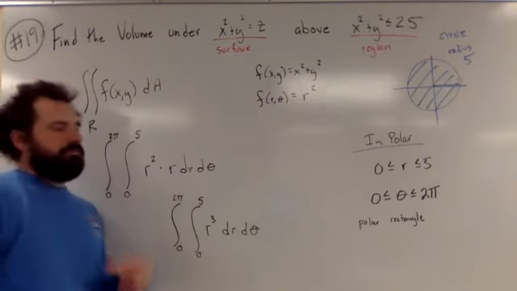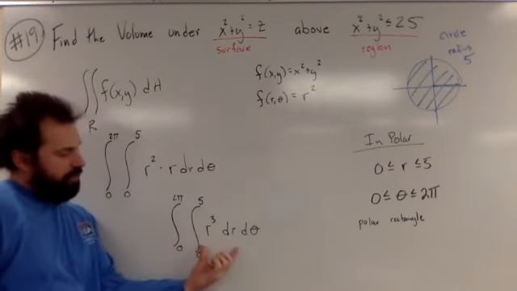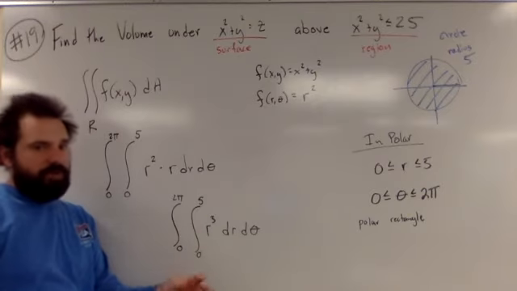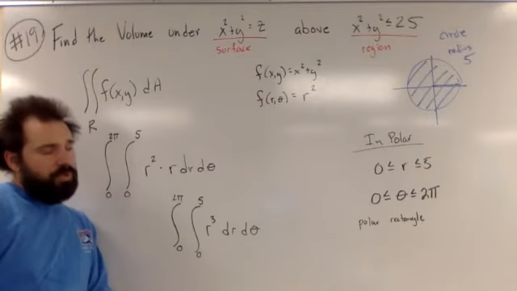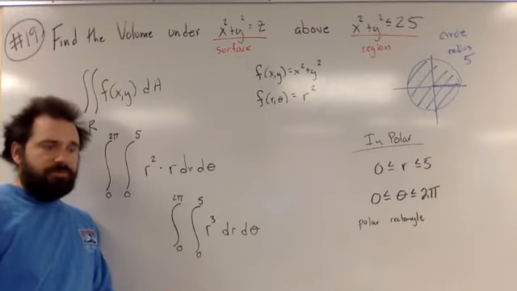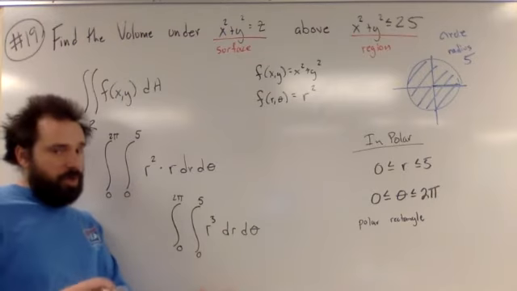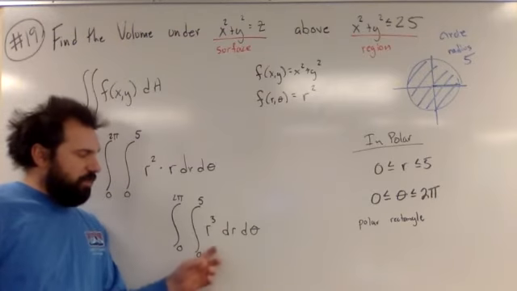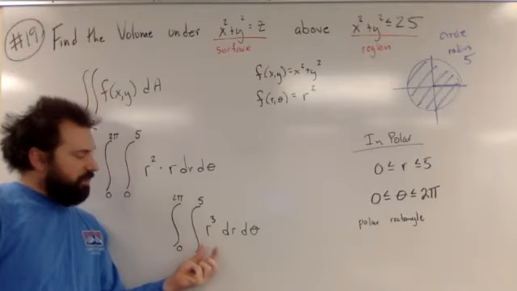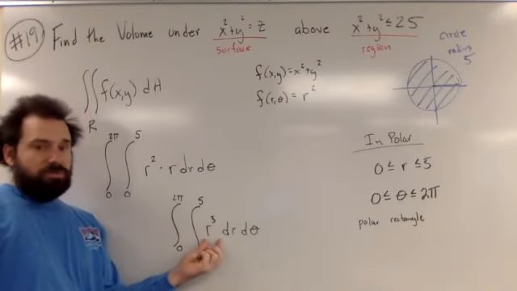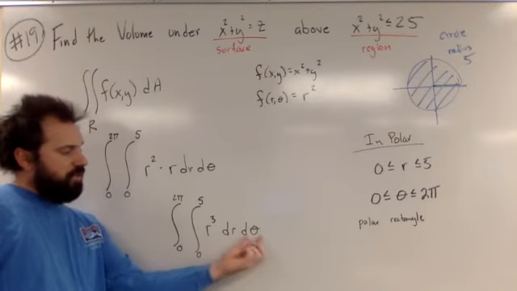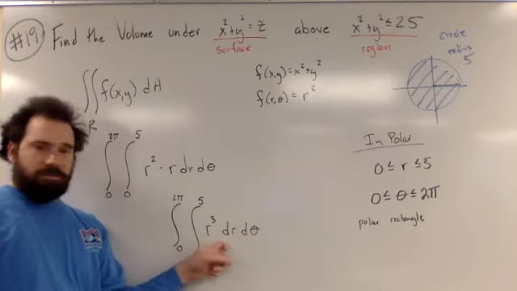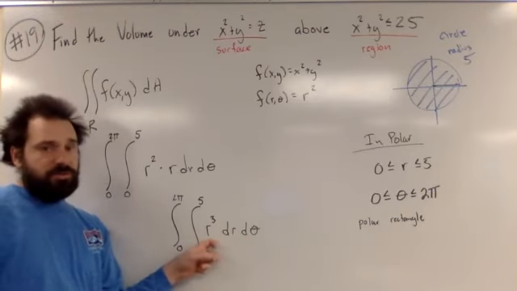When we talked about it first, we said, okay, I'll do the inner integral, evaluate it, get some answer, and then do the outer integral and evaluate it. When I was making the note pages for 15.2, on a couple of the problems, I solved them by separating the integrals apart. This is a good example for that. If I notice, my function just has r's in it. That means this d theta has nothing to do with it. In terms of theta, this is just a constant.